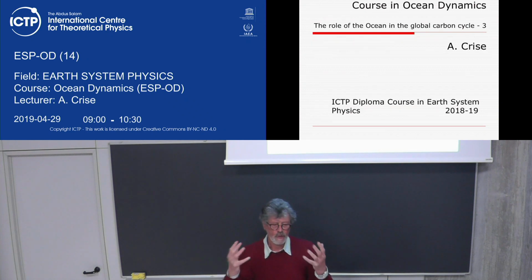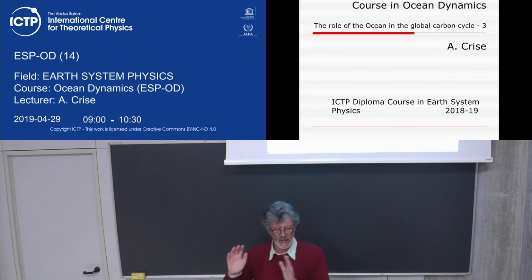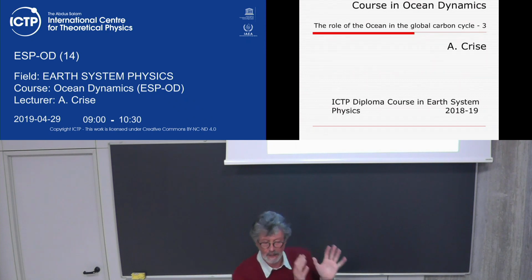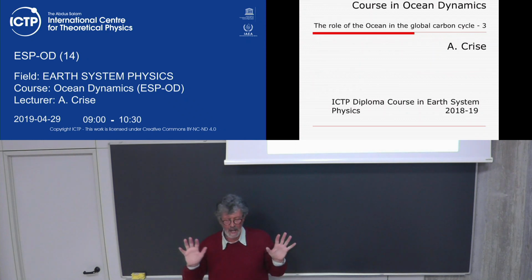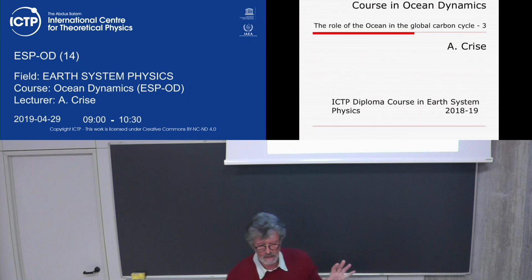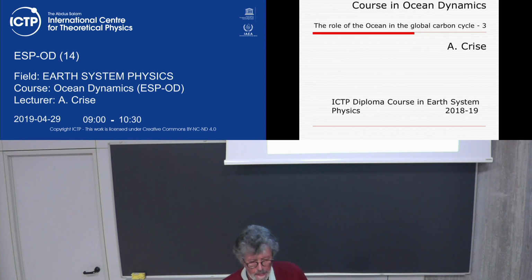So there are two big components. We forget all the complexity of the biochemistry and biology. We just consider the fact that carbon is stored in the ocean in two large pools. And the two pools have quite different properties in terms of dynamics.